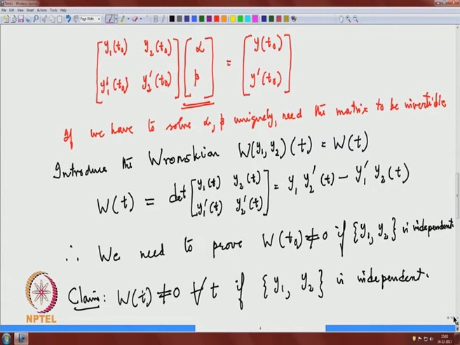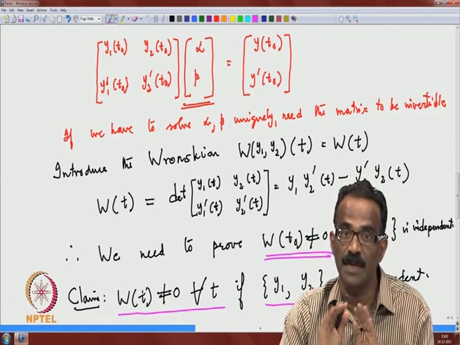you want to show that we need to prove W(t0) is not equal to 0. So, this claim is fine. Now, you have to use this fact. What we have just proved is that either W is identically 0 or W is never 0.